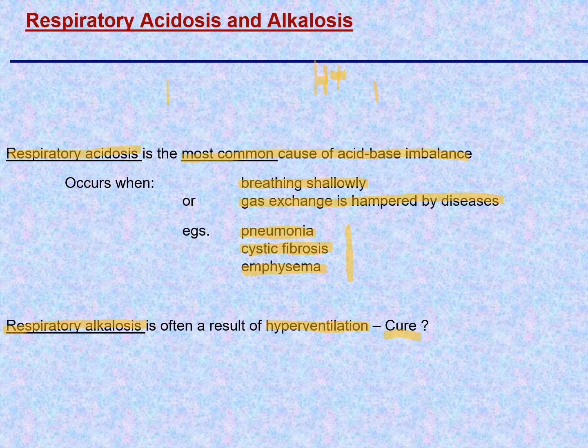When your PCO2 rises, you get more hydrogen ion. That biochemical reaction will start going this way, and the hydrogen ions will rise, and so it'll correct the alkalosis. So respiratory acidosis and respiratory alkalosis are both problems with pH balance that originate with respiratory insufficiency.